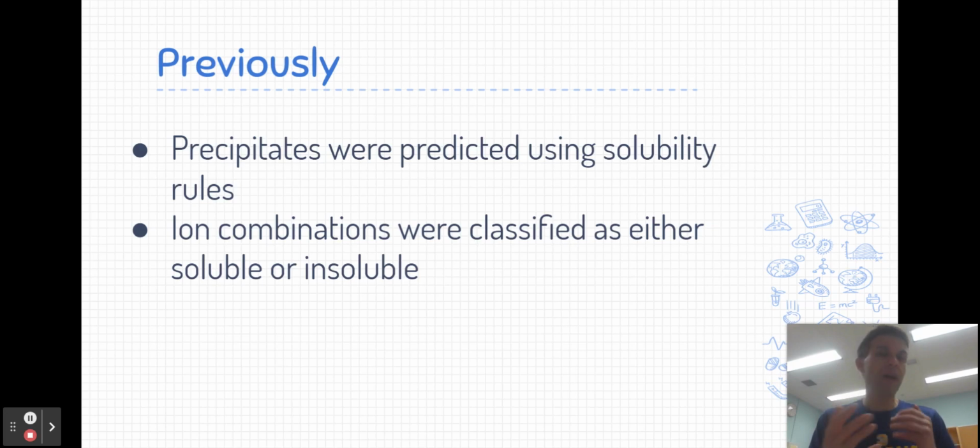However, it's very possible that substances that are classified as soluble, if you dissolve enough of that ionic compound in water, you can get a precipitate. And conversely, it is possible that substances that are classified as insoluble, if you have a low enough concentration, will dissolve. Our KSP value will allow us to look at a more nuanced view of precipitation.